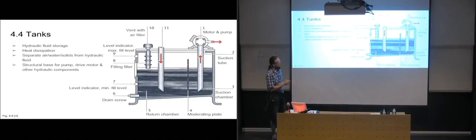And at the top, there is a vent with an air filter, which is needed because you will have air being sucked in once the fluid level drops, because a lot of fluid is being sucked into the system. Then you will, of course, need to get air in here, else you'll be creating a vacuum above the fluid.